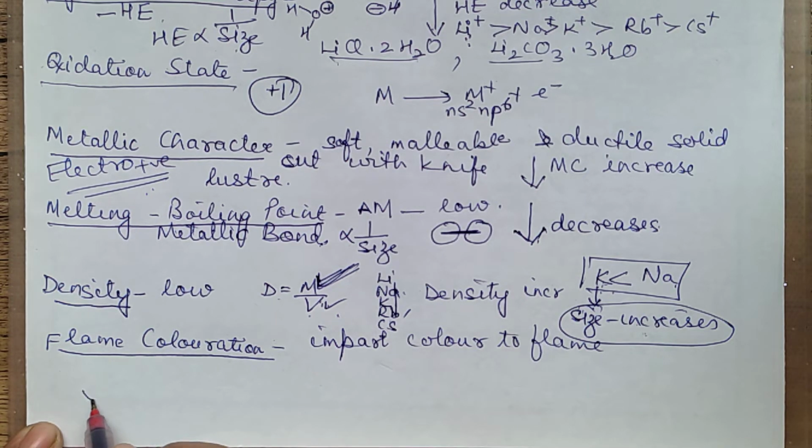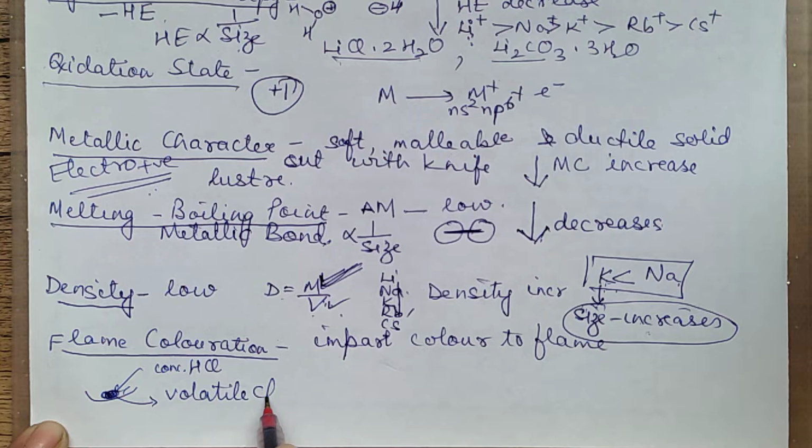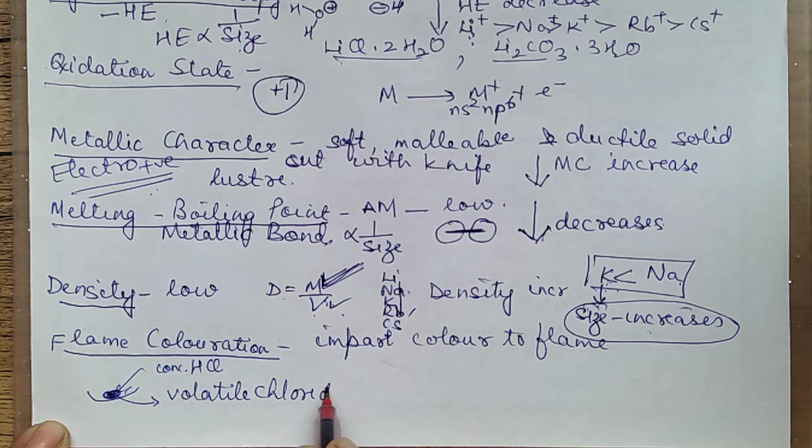What you do is you take a watch glass. In the watch glass, you take salt. To the salt, you add 1 or 2 drops of concentrated HCl to make a paste of it. The purpose of adding concentrated HCl is to convert this into volatile chlorides.